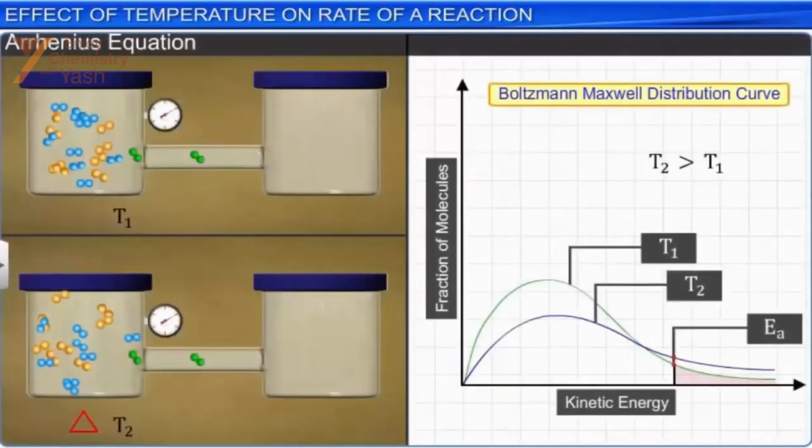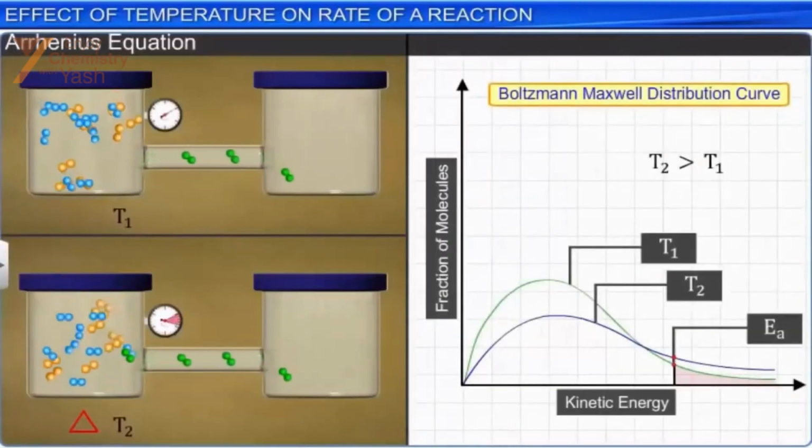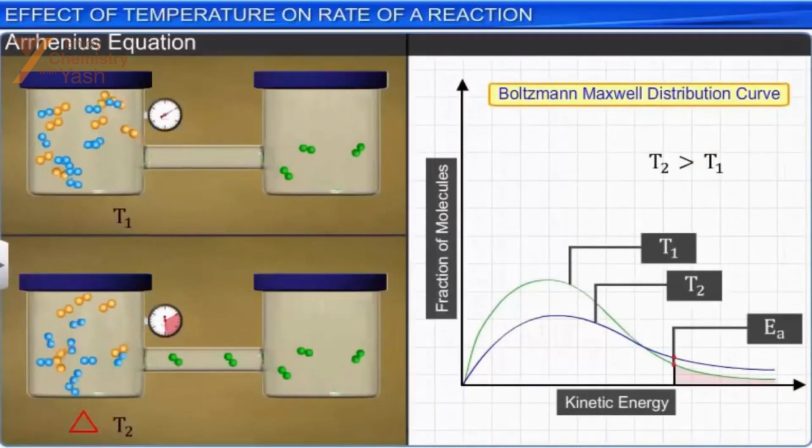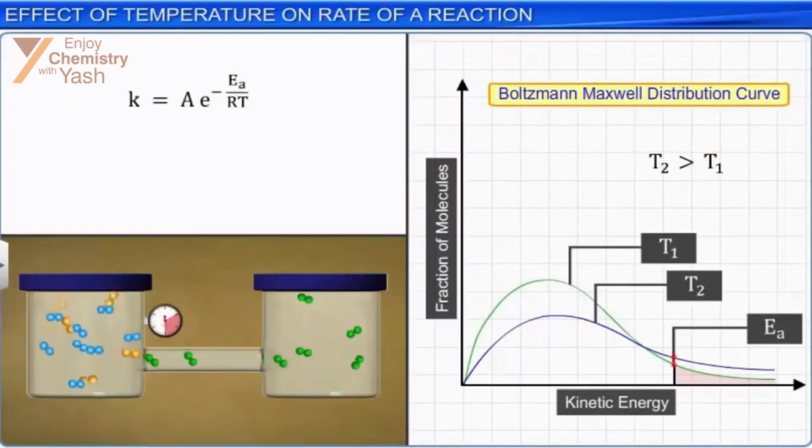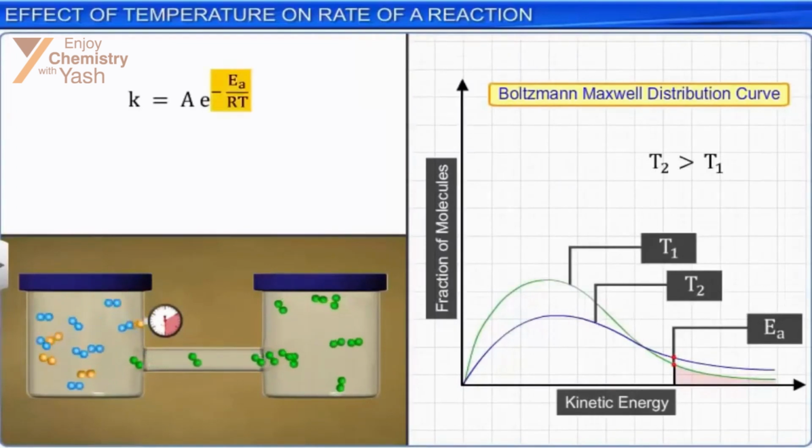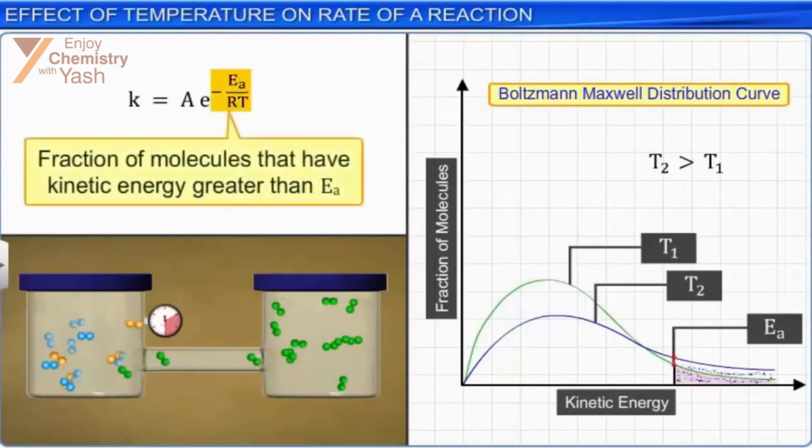Thus, the rate of reaction increases with temperature. In the Arrhenius equation, the factor e^(-EA/RT) corresponds to the fraction of molecules that have kinetic energy greater than EA.